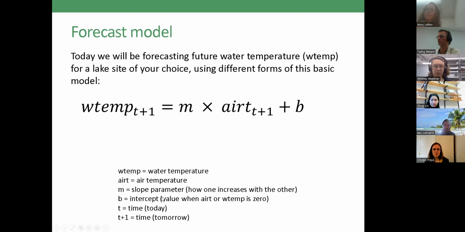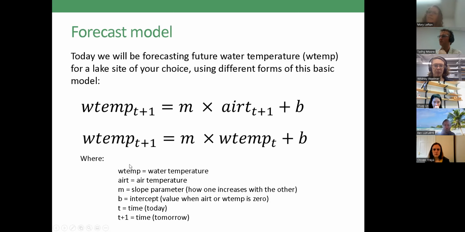In this notation, m is the slope parameter, b is the intercept, t is time today, and t+1 is tomorrow. This will be repeated in the activities. And then we'll also be using linear regression where today's water temperature is used to predict tomorrow's water temperature.